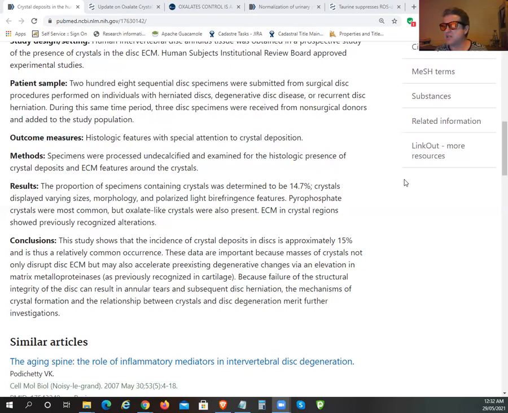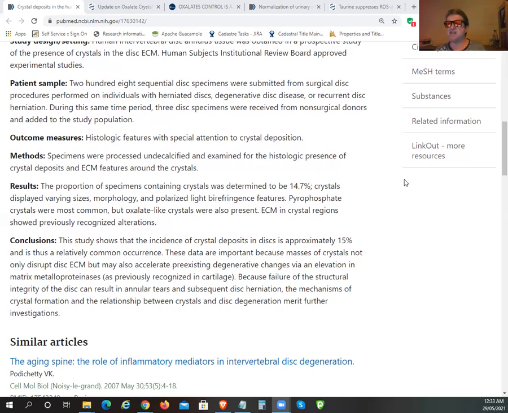but may also accelerate pre-existing degenerative changes via an elevation in matrix metalloproteinases. Yes, our dear friends, the MMPs, as previously recognized in cartilage, because failure of the structural integrity of the disc can result in annular tears and subsequent disc herniations. The mechanism of crystal formation and the relationship between crystals and disc degeneration merits further investigation.